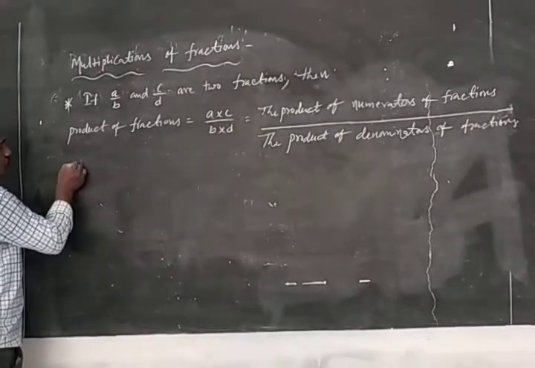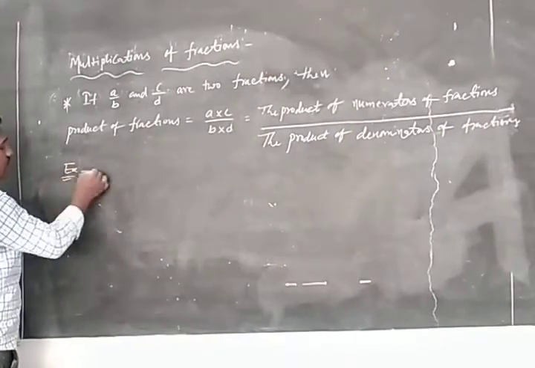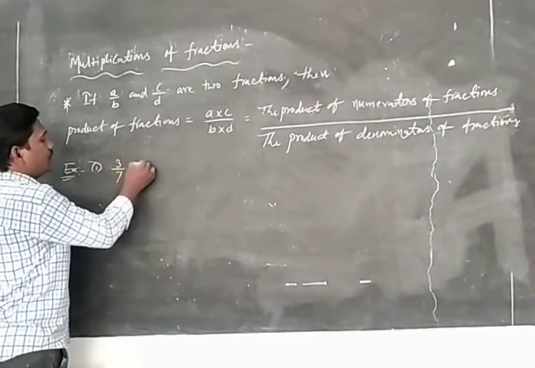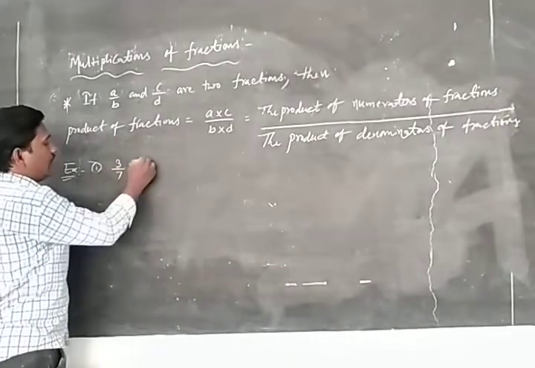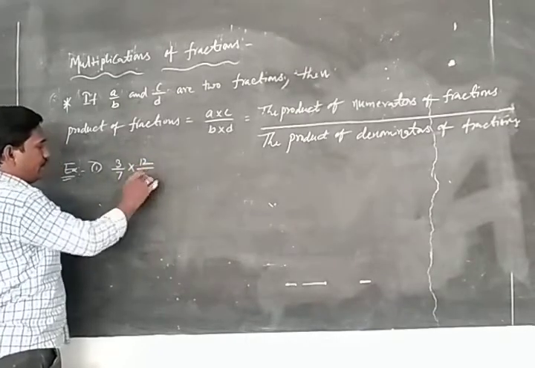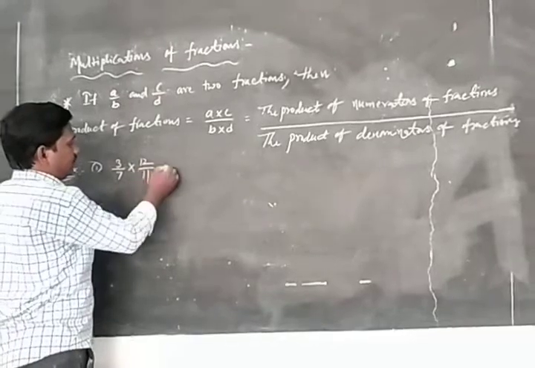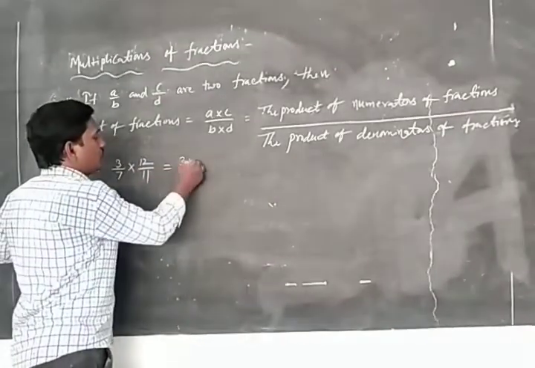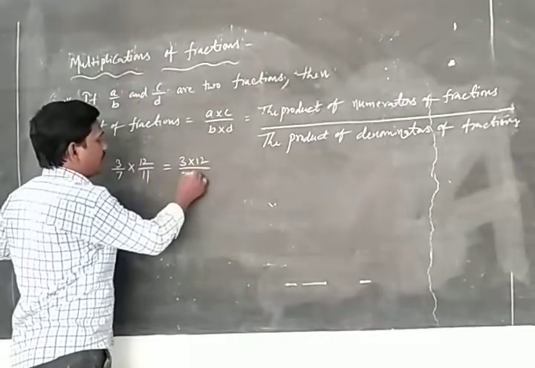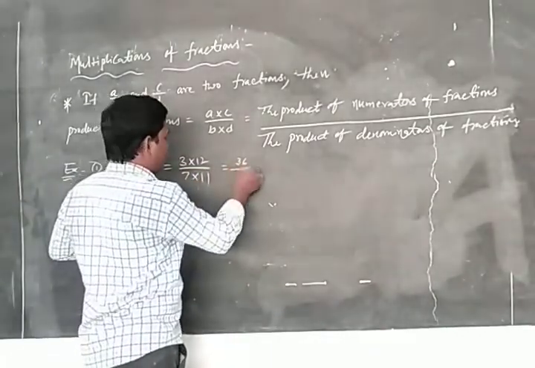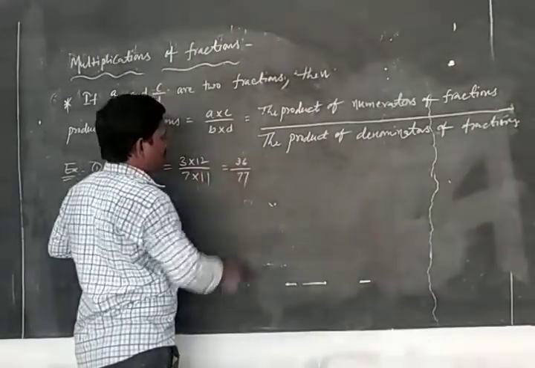Let us do two examples. Example 1, 3 by 7 into 12 by 11. So 3 into 12 by 7 into 11. 3 12s are 36 by 77.